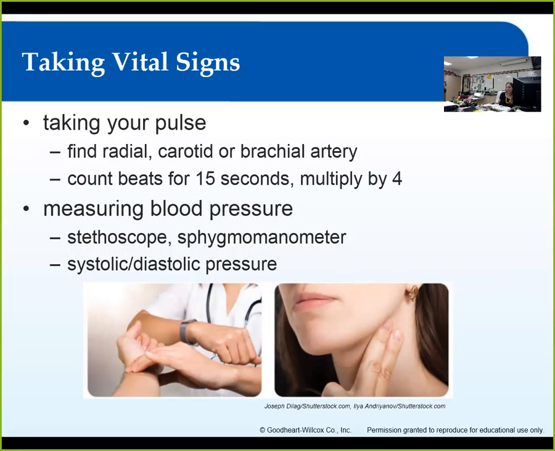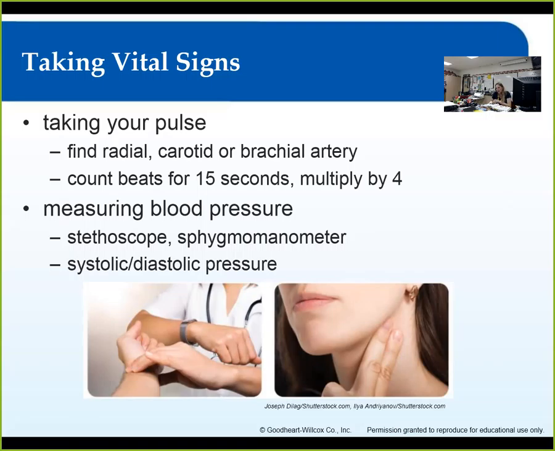Now blood pressure. You guys aren't going to learn how to do blood pressure in this class. That's something we learn in principles. But a stethoscope and a sphygmomanometer are the two tools that you use, and you get a systolic and diastolic blood pressure.